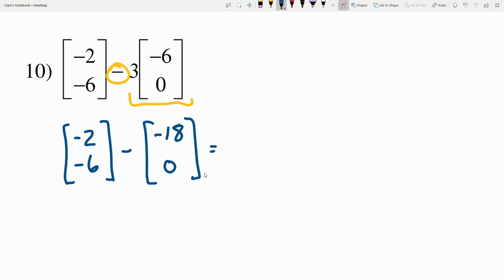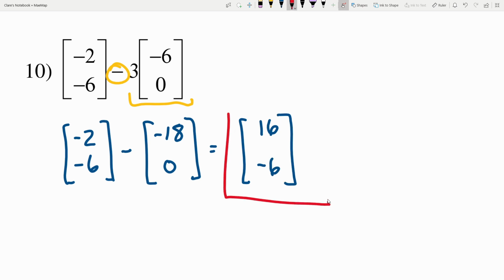Now, because my matrices are indeed the same size, I can go through with this subtraction. Negative 2 minus a negative 18 is negative 2 plus 18, which is a positive 16. And then negative 6 minus 0 is negative 6. So 16, negative 6 is my solution in number 10.